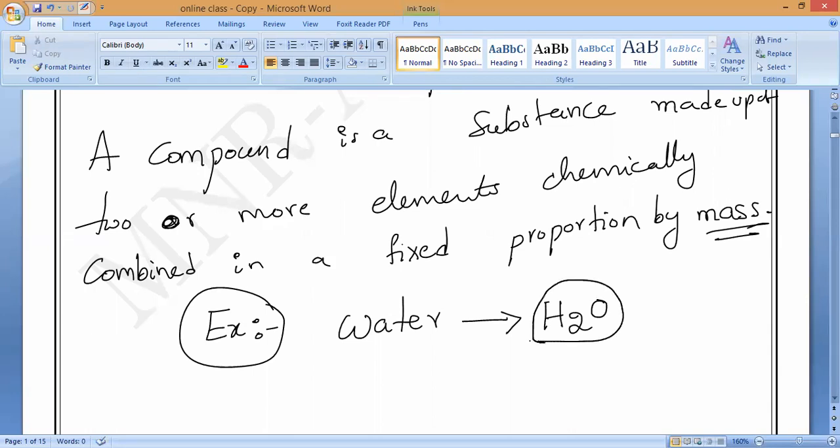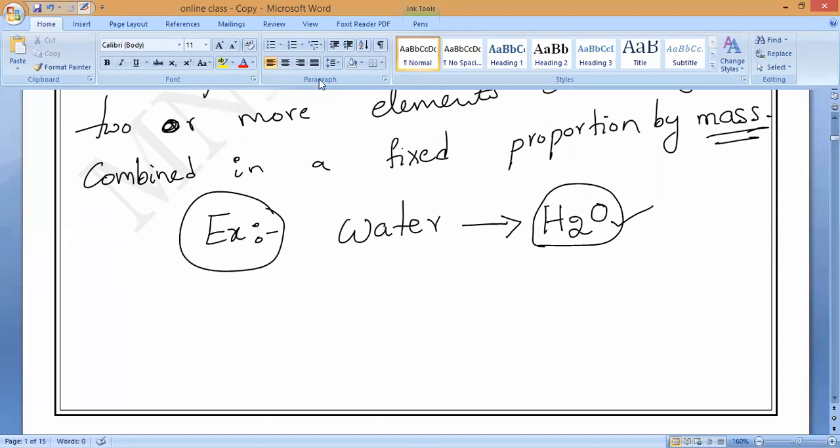Now, let me check. Tamil Nadu water, Andhra water, Karnataka water, any water, if you go to America or any other country, everywhere the formula of water is H2O. Everywhere the number of hydrogens is 2 and the number of oxygens is 1.